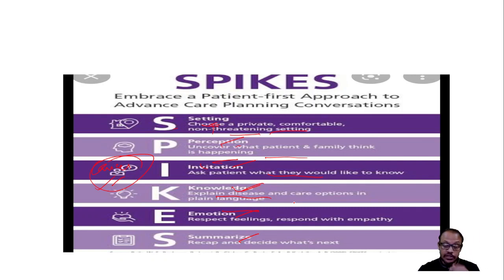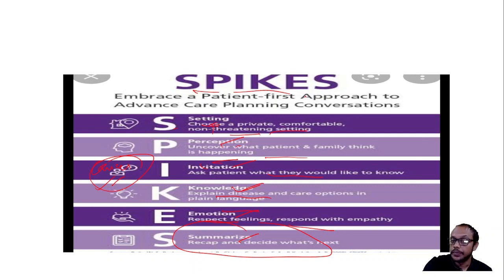The patient or attendant will react. So we have to respect his feelings, respond with empathy, and summarize what our next plan is, what we can do. So SPIKES is usually done for cancer patients or any approach to advanced care planning conversations.